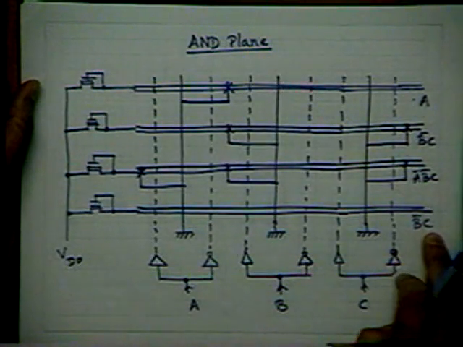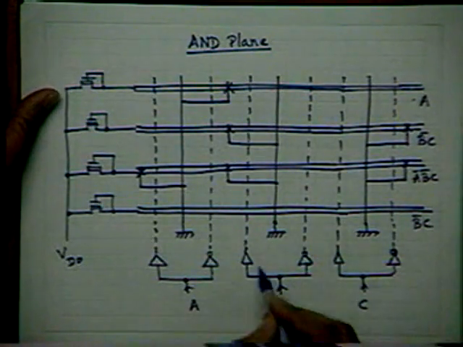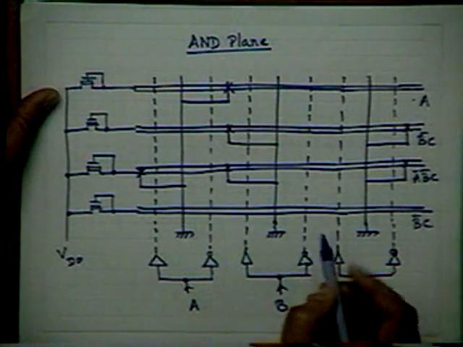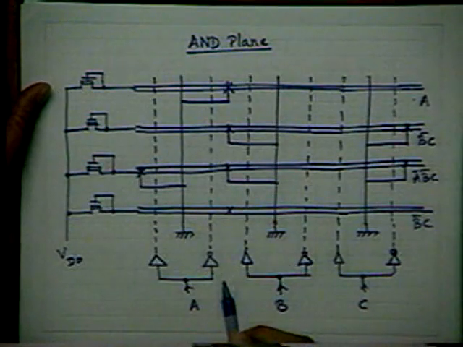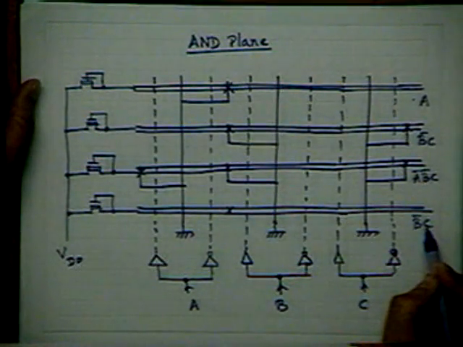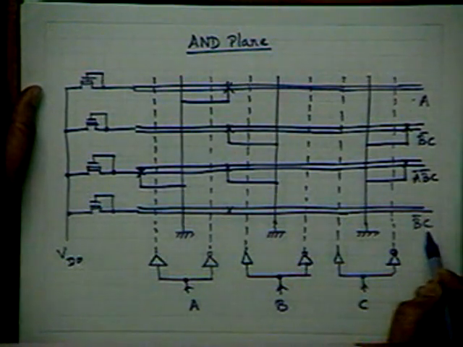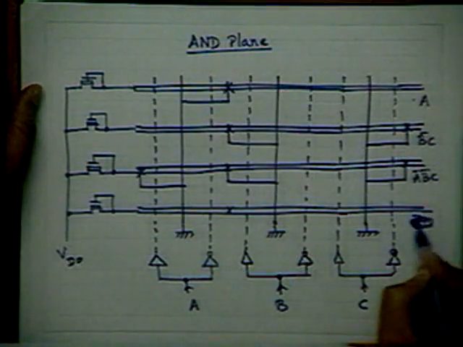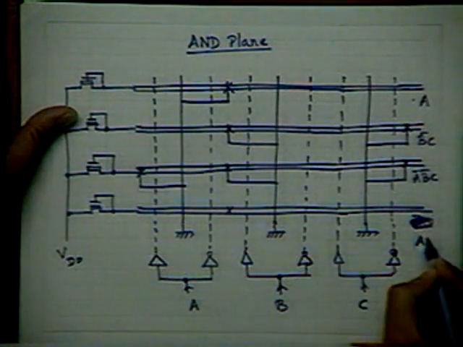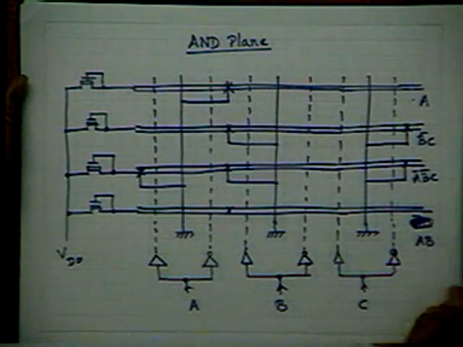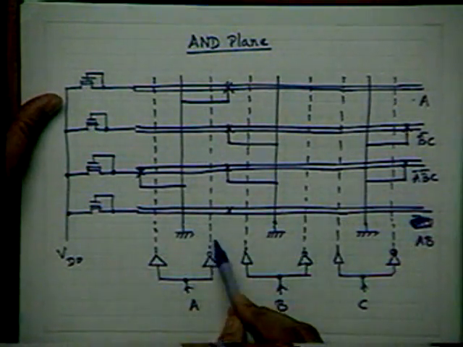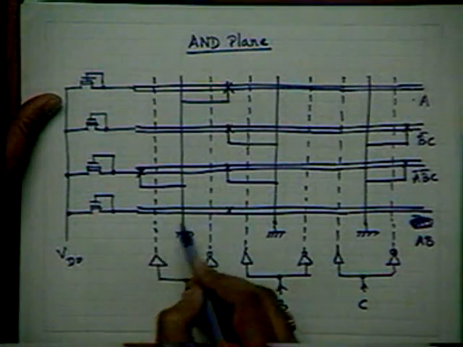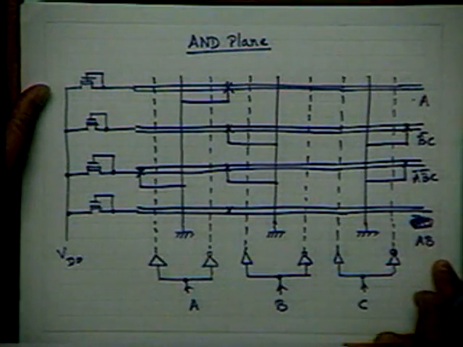And finally B bar C, that means BC. It is AB. This is AB, right? So how to produce AB? A and B. AB means this one.